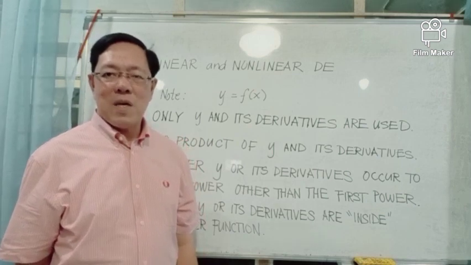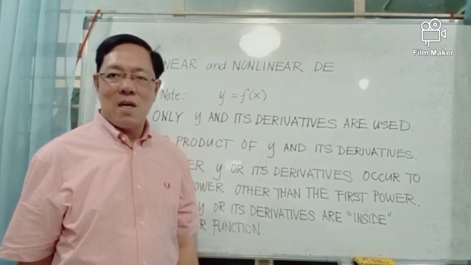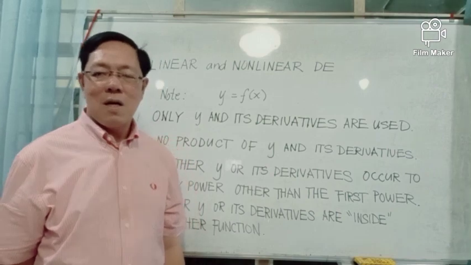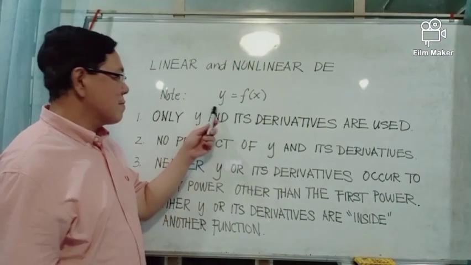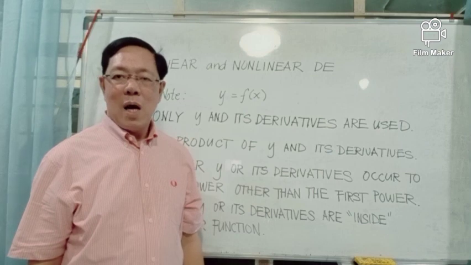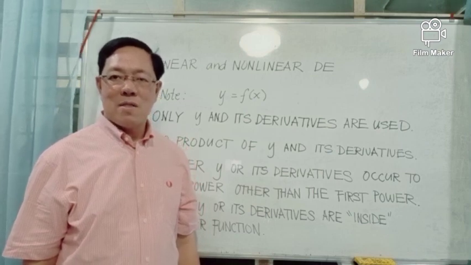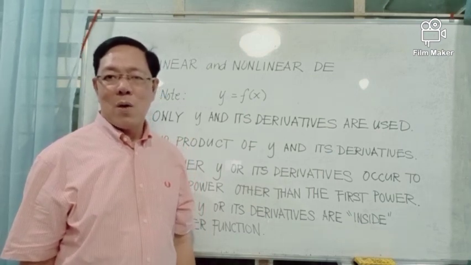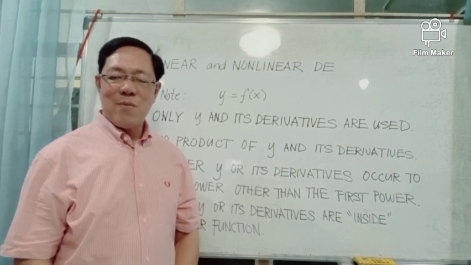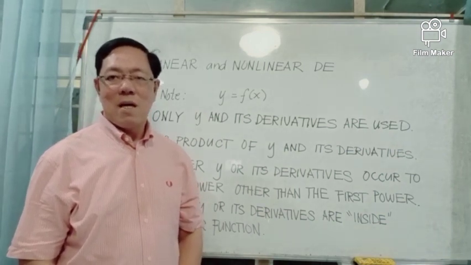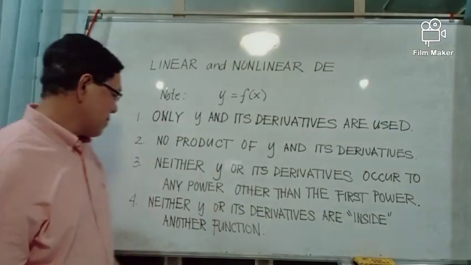Or if you have a differential equation with terms containing derivatives of y raised to an exponent other than 1, say 2, 3, or 4, then the given differential equation is nonlinear.